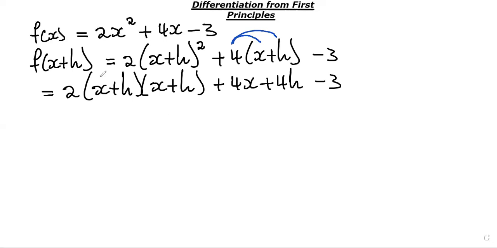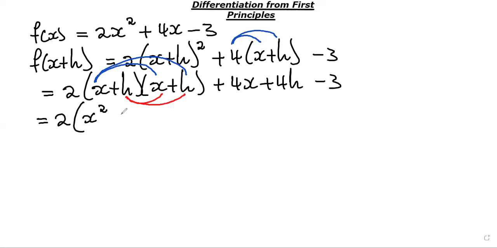So according to the FOIL method, we multiply the first terms, then we multiply the outer terms, we multiply the inner terms, and we multiply the last terms. In the process of doing that, the 2 is still outside the bracket. So x by x, it's x squared.